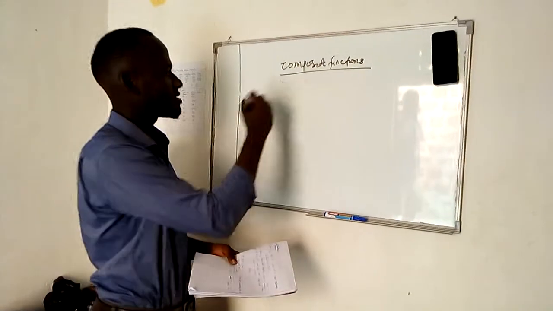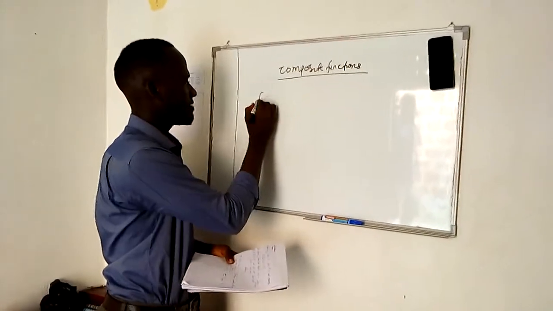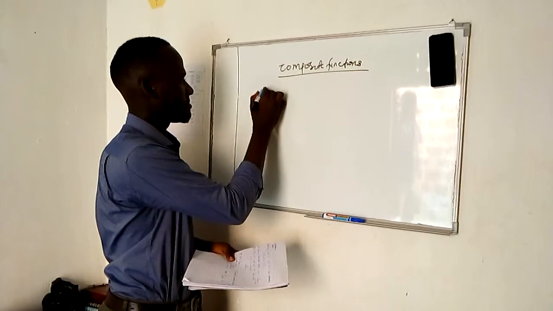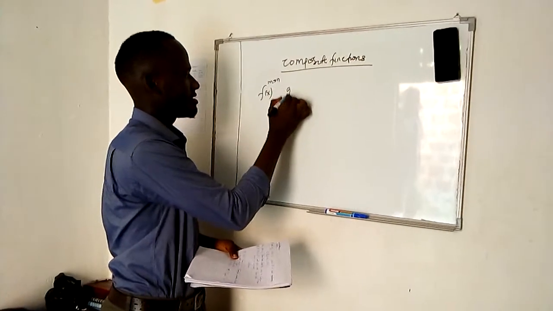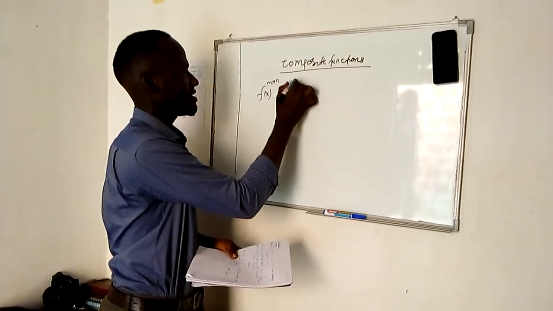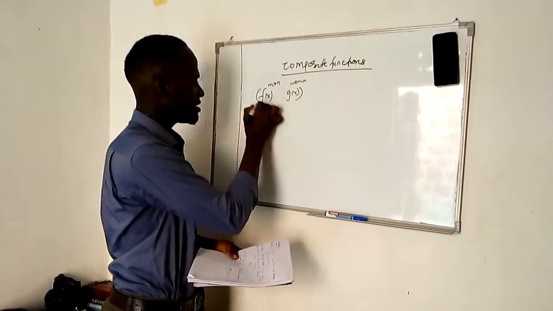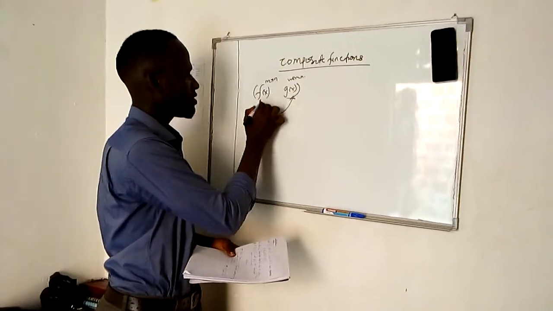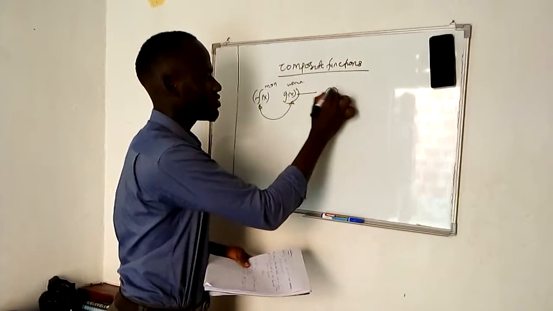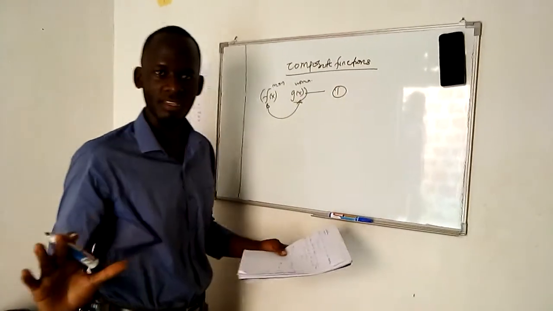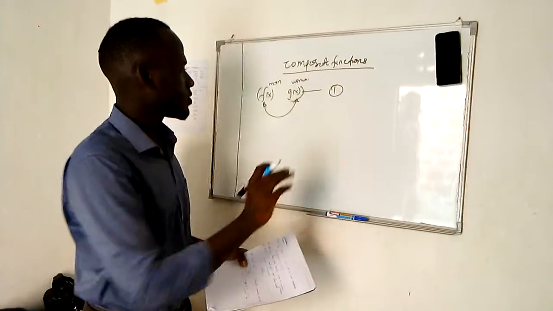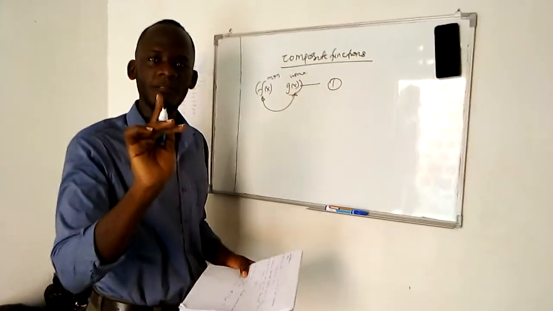So you'll be having f of x, this is like a man, and g of x, this is a woman. When these two come together, they form one thing, because when they are joined, they become one after marriage. These two form one function.